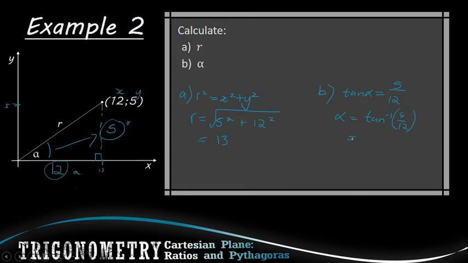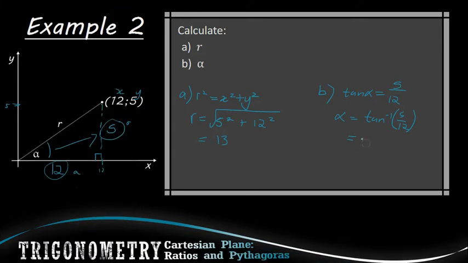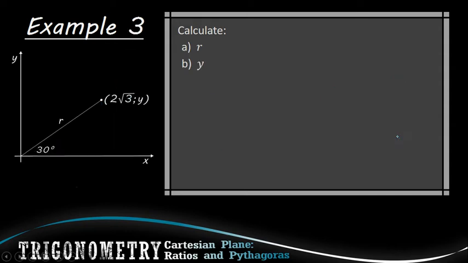And then we put that onto the calculator. So we have shift tan, and that is 5 over 12. So this is equal to 22,62 degrees.